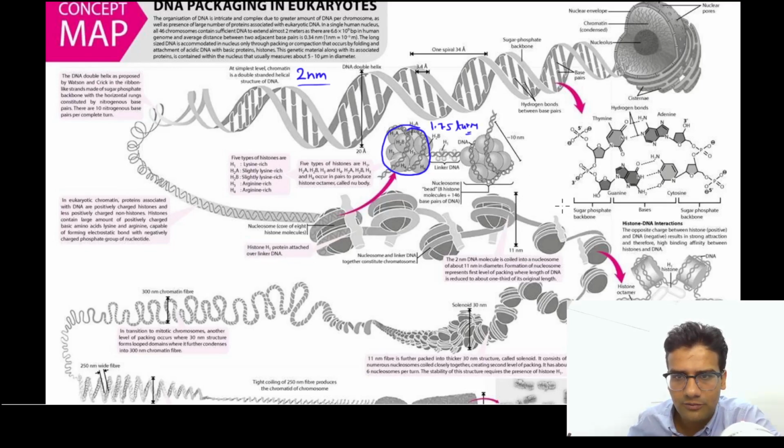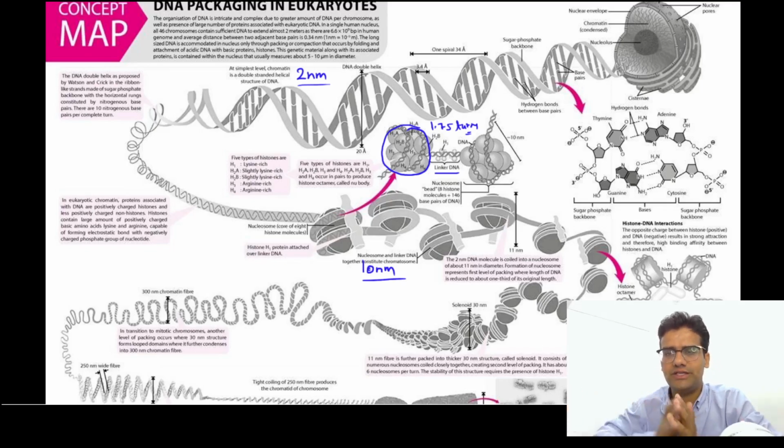The nucleosomes have H1 protein in between, and this kind of DNA is called linker DNA. This fiber here is what we call 10 nanometer fiber.